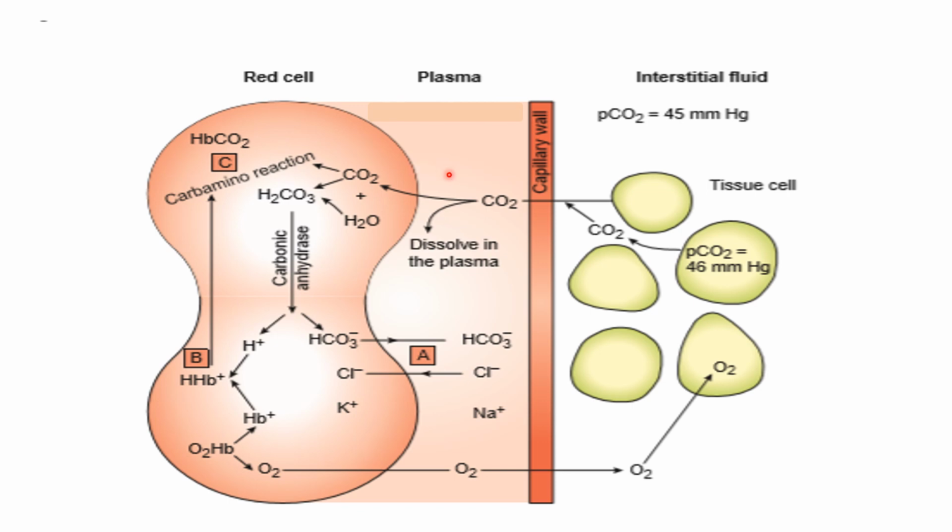Some of it is carried in the dissolved form in the plasma, and when it enters the RBC, it is converted into carbonic acid under the action of an enzyme, carbonic anhydrase.